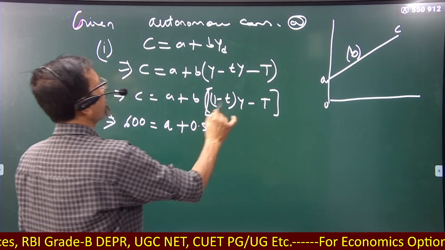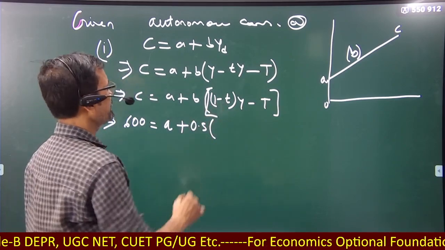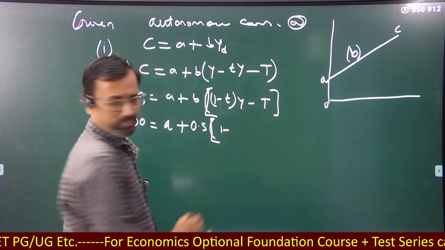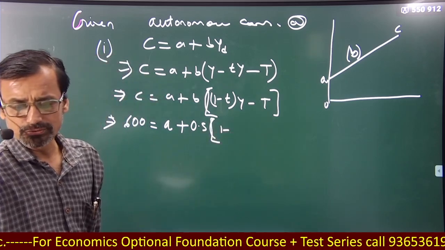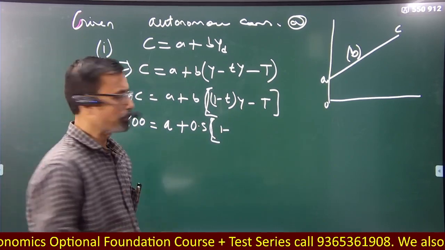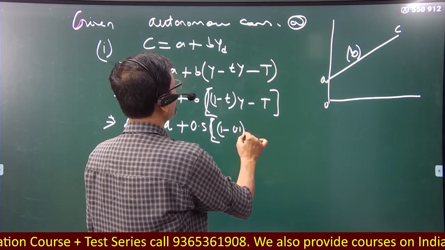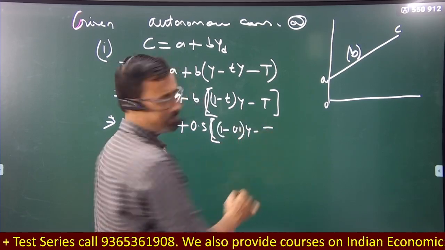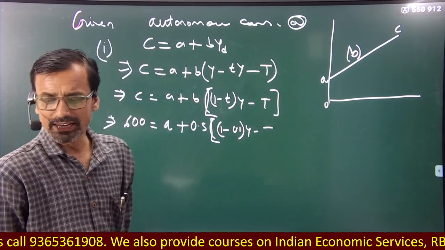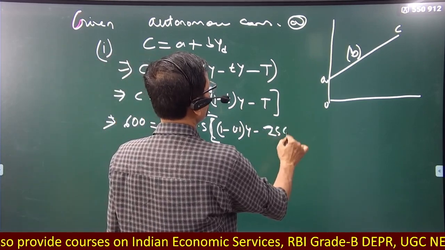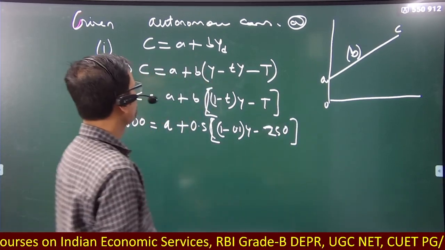And 1 minus t, where t is the rate of tax, is also given: 0.1. This is the rate of tax, 0.1. Total tax, that is autonomous tax, is given here as 250.